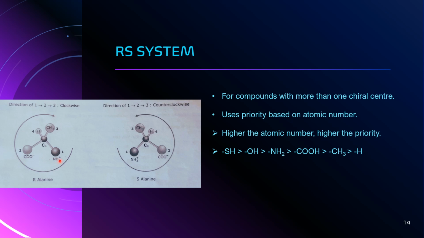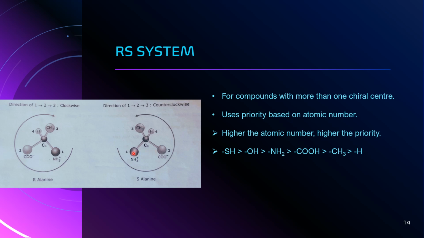According to the priority rule, NH3+ has the first priority, COO minus has the second priority, the CH3 or methyl group has the third priority, and finally it is H. And after numbering this, we find the direction, that is 1, 2, 3. So this rotates in a clockwise direction. So this has a configuration of R. So this is called R-alanine.